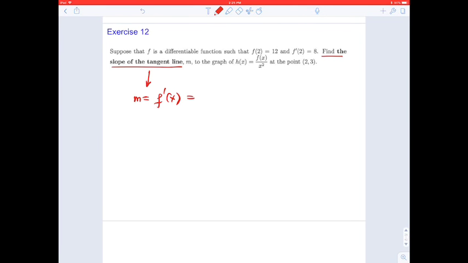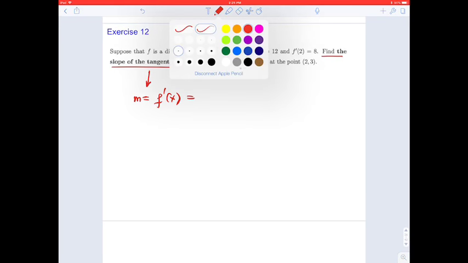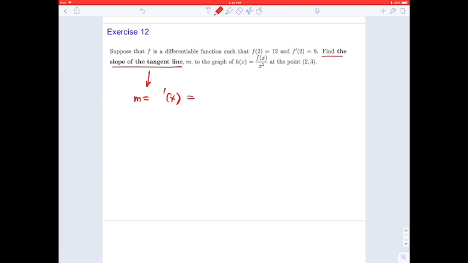Actually we're looking at the function h, and this is function h, f of x over x squared. Let's apply the quotient rule. Derivative of the top function times the denominator minus the top function times the derivative of the denominator, which is the derivative of x squared, 2x, all over the denominator squared.